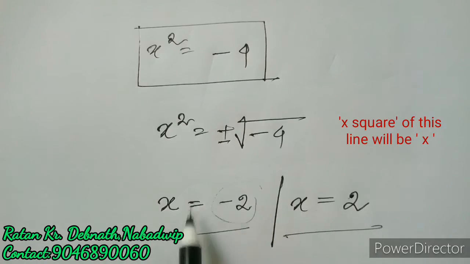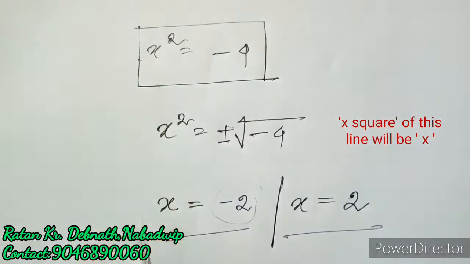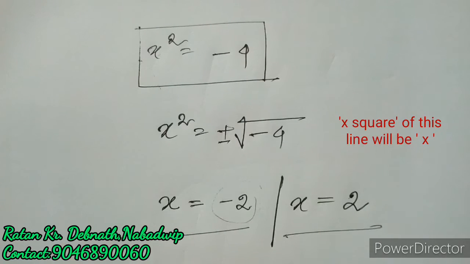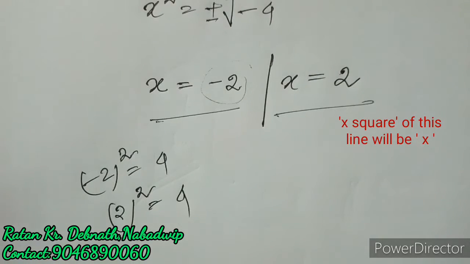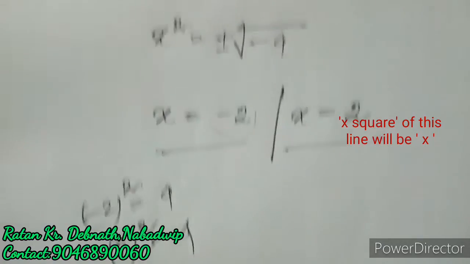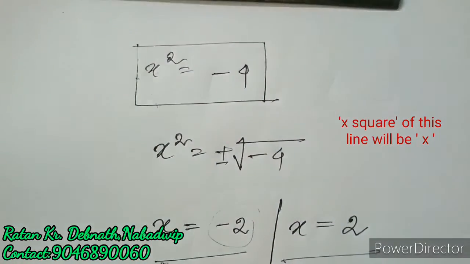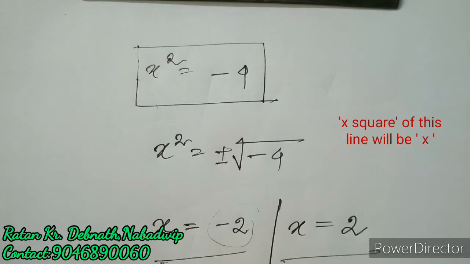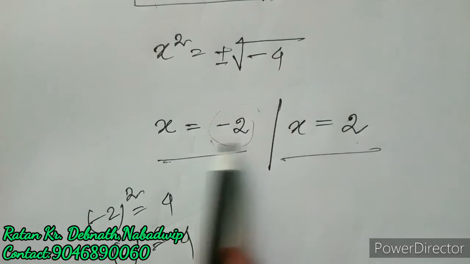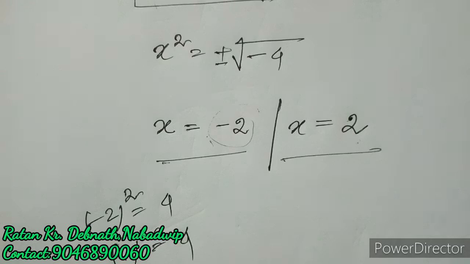But if we put minus 2 on the left side, minus 2 square equals 4 and 2 square is also 4. So this equation is not satisfied by any one of these values. In order to solve this kind of problem, we introduce another number which is called complex number.